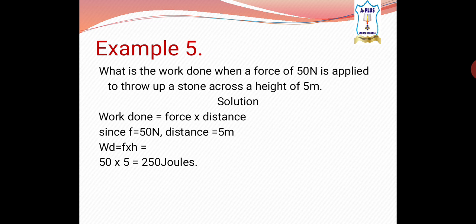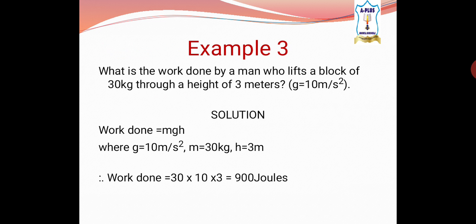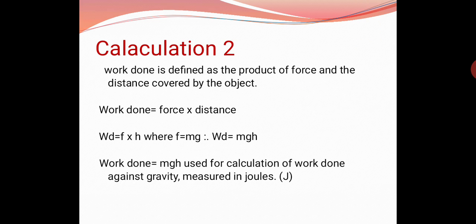Let's check our first equation: work done is force times distance. We're not going to use work done is equal to mgh because we are given our force directly. We're going to use work done is equal to force times distance, because our force, which is the mg, has been given.